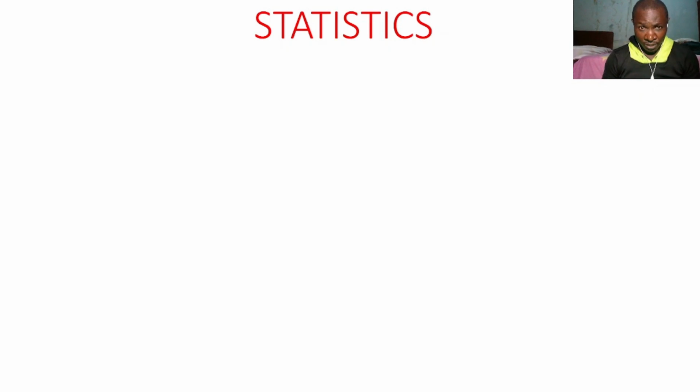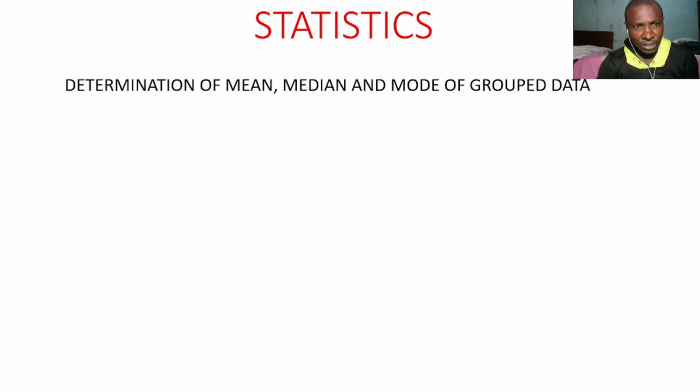and go over it so that it will be a guide towards your understanding of this aspect of the class. In this class, we are going to be considering the determination of mean, median, and mode of group data. In the previous video, we talked about measures of central tendency and measures of dispersion. So we are going to be looking at the group aspect of data.